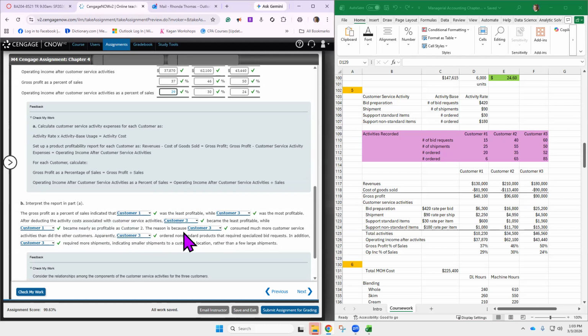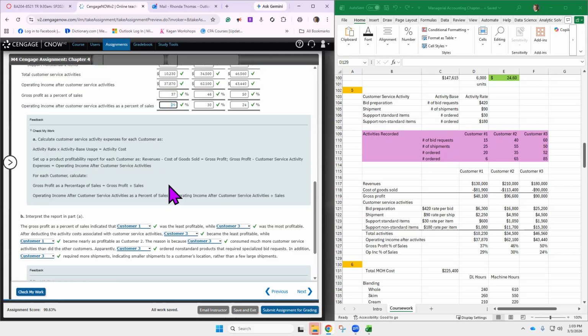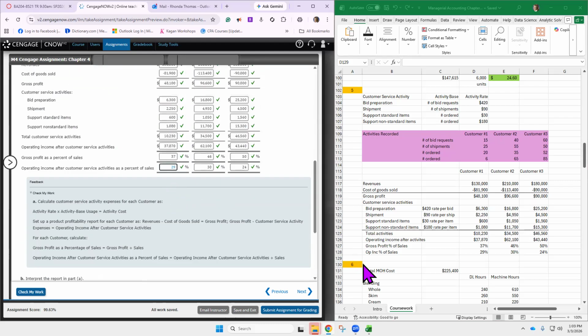The reason is because customer 3 consumed much more customer service activities than the other customers. Apparently, customer 3 ordered non-standard products that required specialized bid requests. In addition, customer 3 required more shipments, indicating smaller shipments to a customer's location rather than large shipments. Okay, so that is the story that these numbers tell you.